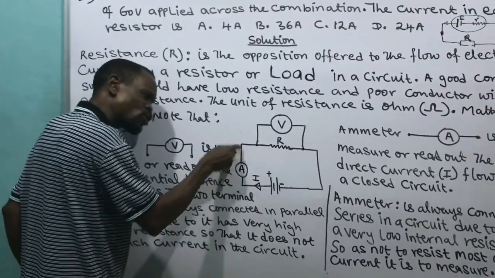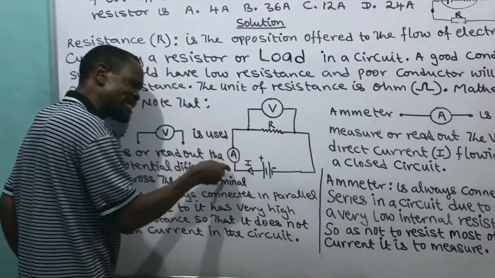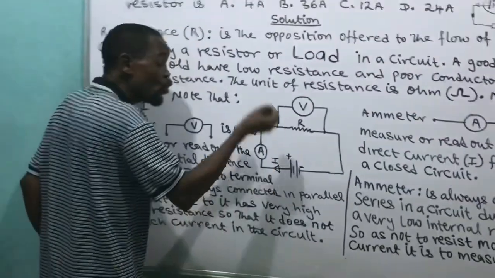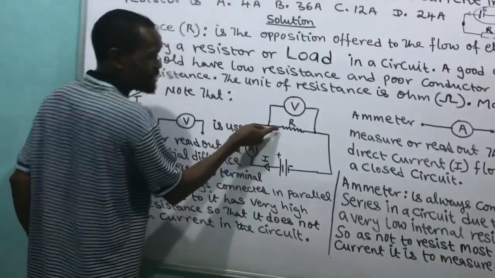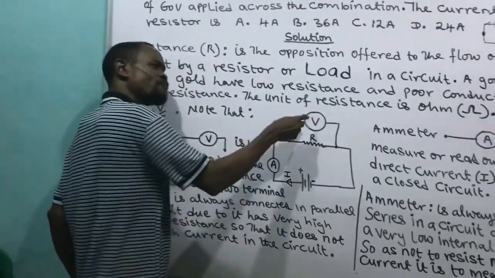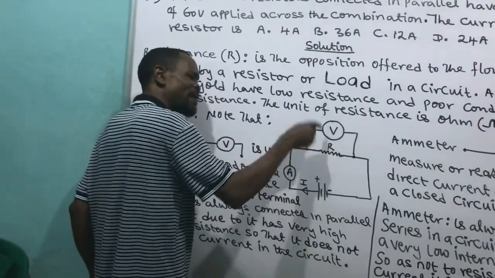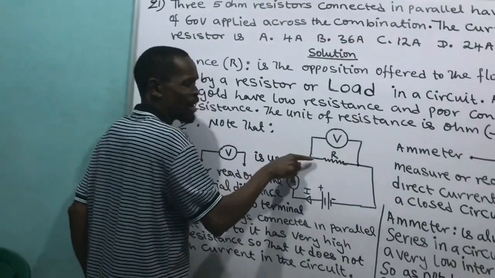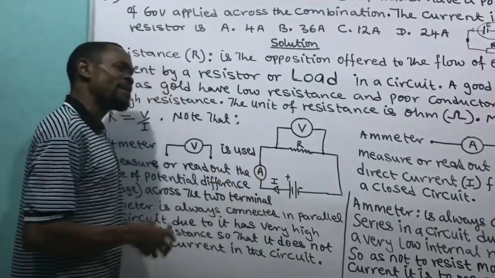This ammeter is connected in series. Look at it, it's connected head to head, that is in series. We say the ammeter is connected in series to read out the current that is being supplied to this load. Look at the load R. Then the voltmeter is connected in parallel to read the voltage drop across this load. What do you mean by voltage drop?